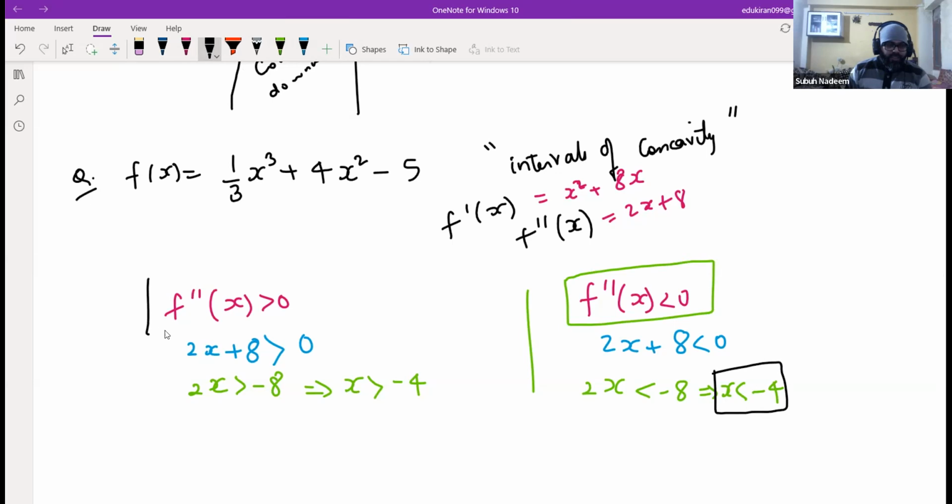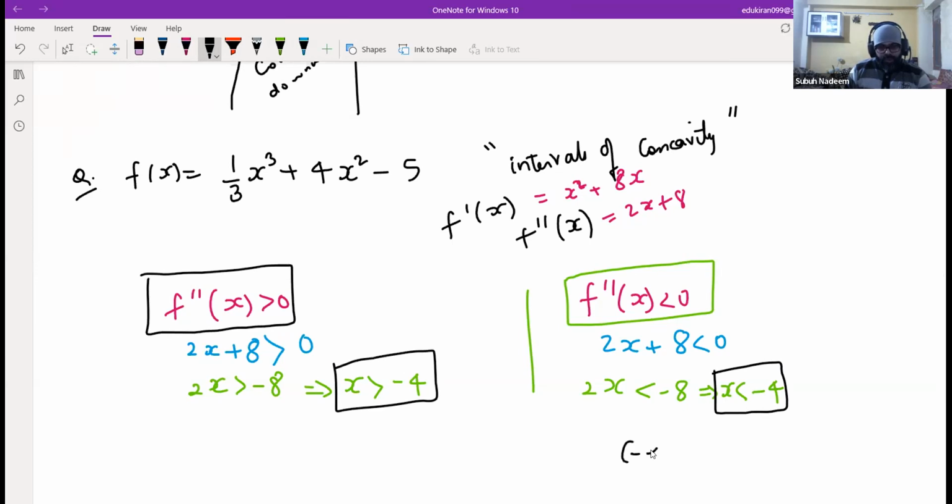And if f''(x) is greater than 0, it is in the interval x greater than minus 4. So from minus infinity to minus 4, you will say that it is concave downward. And from minus 4 to infinity, it will be concave upward. So this will be the answer.